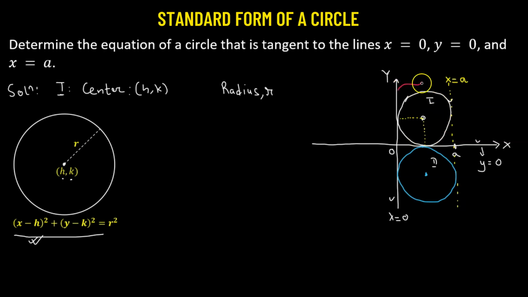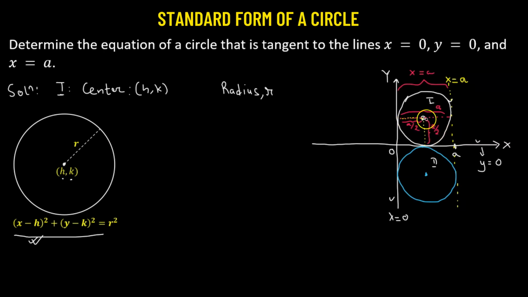So this length is a, and it also gives us the diameter of the circle. If the diameter is a, the radius is a over 2. Similarly, the height, which is also the radius, is a over 2.